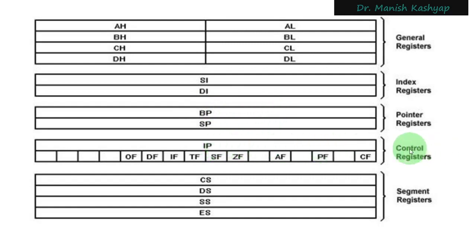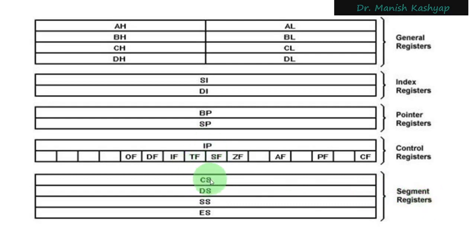Instruction pointer, which is a control register, is used for code segment. Why is it called a control register? Because the combination of CS and IP will contain the address of the next instruction to be executed, right? I told you in the beginning that instruction pointer is similar to program counter in 8085, but not instruction pointer alone, a combination of code segment register plus instruction pointer.